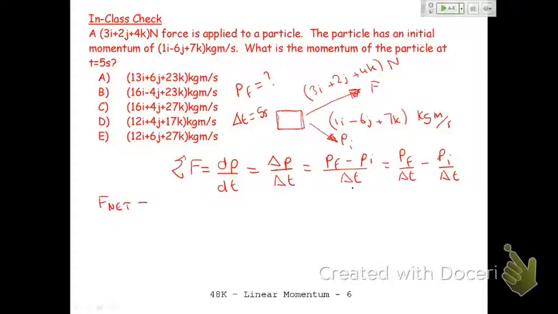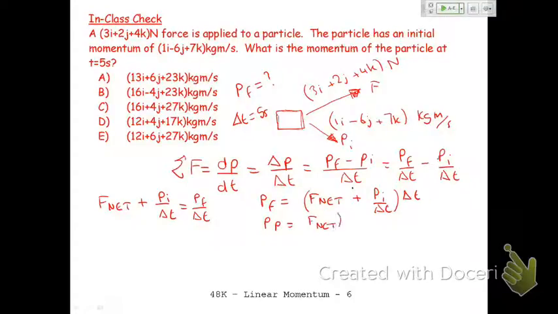Take this to the other side: F net plus P initial over delta T is equal to P final over delta T. So my P final, which is what I want, is equal to F net plus P initial over delta T, all times delta T. I'm running out of space, aren't I? This equals F net times delta T plus P initial. Seems more complicated, I'm just writing down my steps.